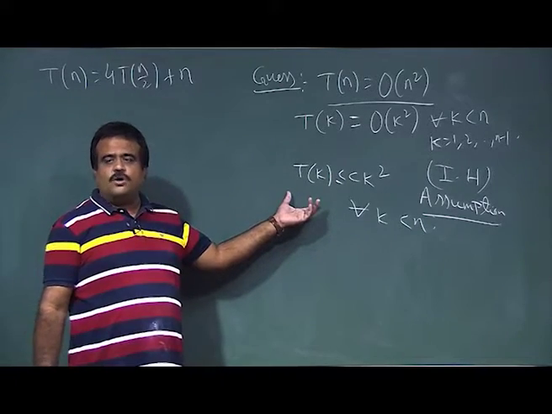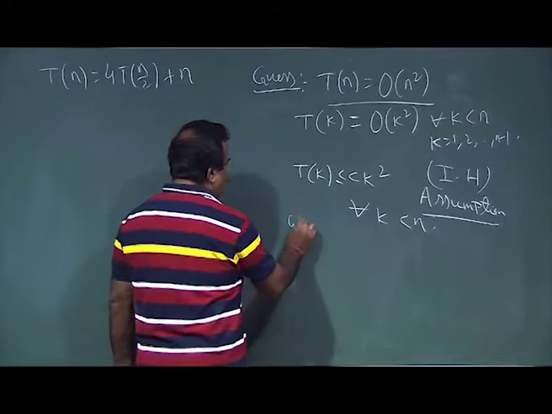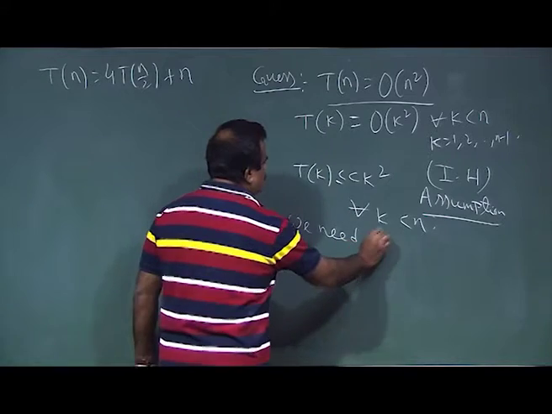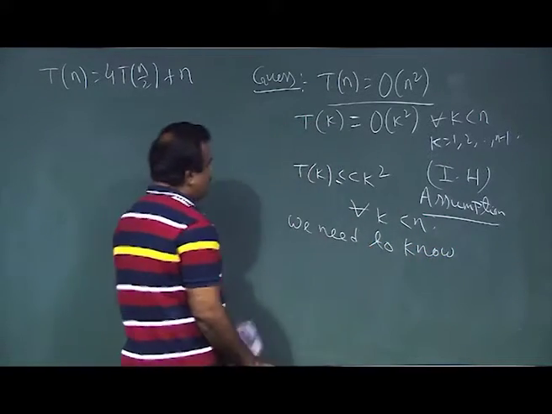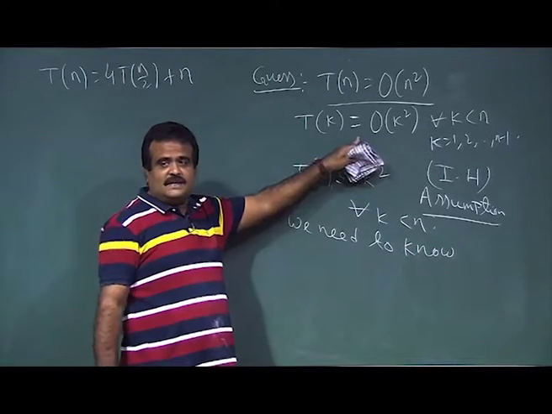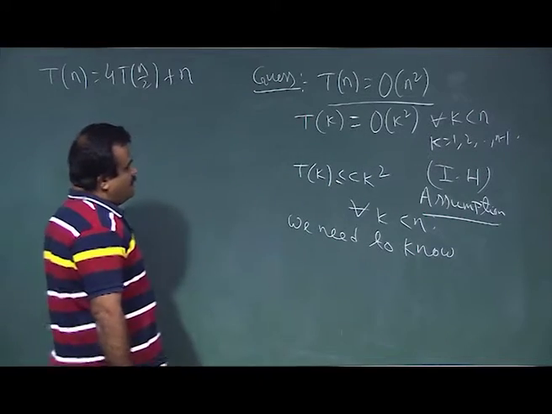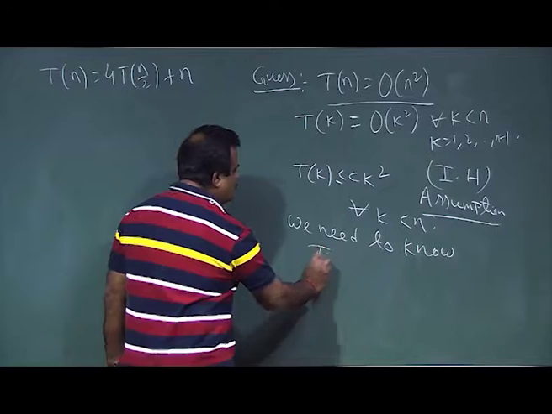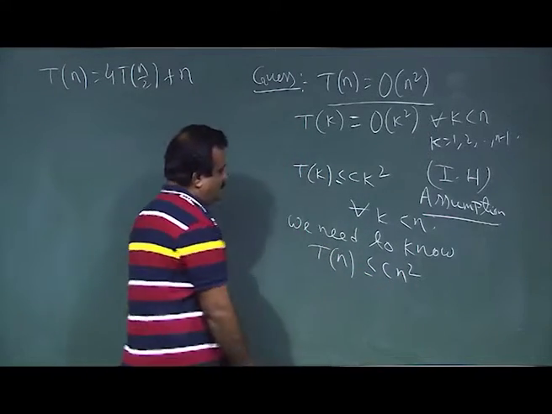Now, what do we need to show? We need to prove that this result is true for k equal to n. So, that means we need to show that T(n) is less than or equal to c n square.